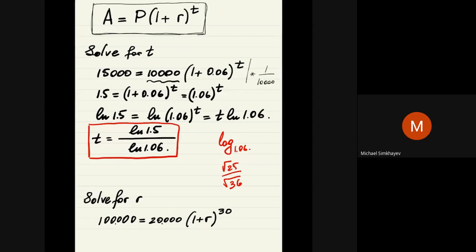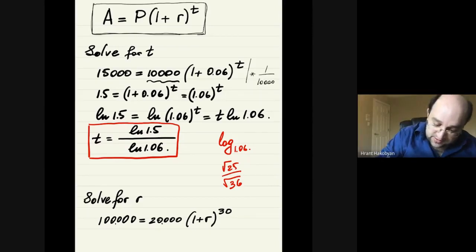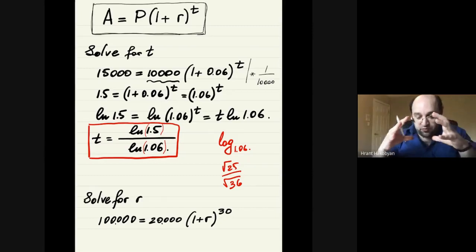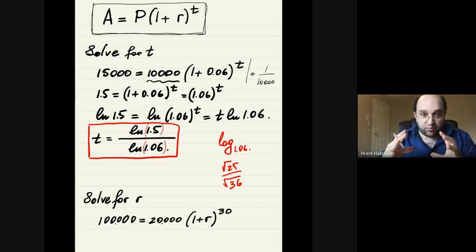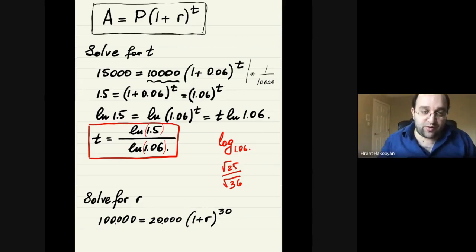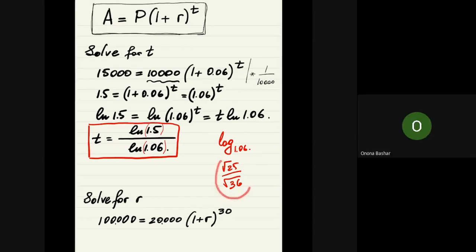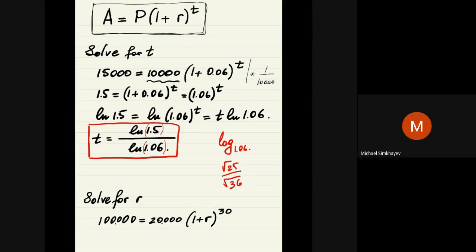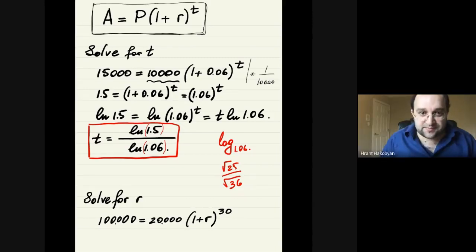So if you want, I can write it with parentheses here. You take the logarithm of 1.5, you get a number, and then you divide by the logarithm of 1.06, which is another number. So I cannot just do 1.5 over 1.06. Just like in this case, this is not equal to 25 over 36. I understand. Yeah, makes sense?